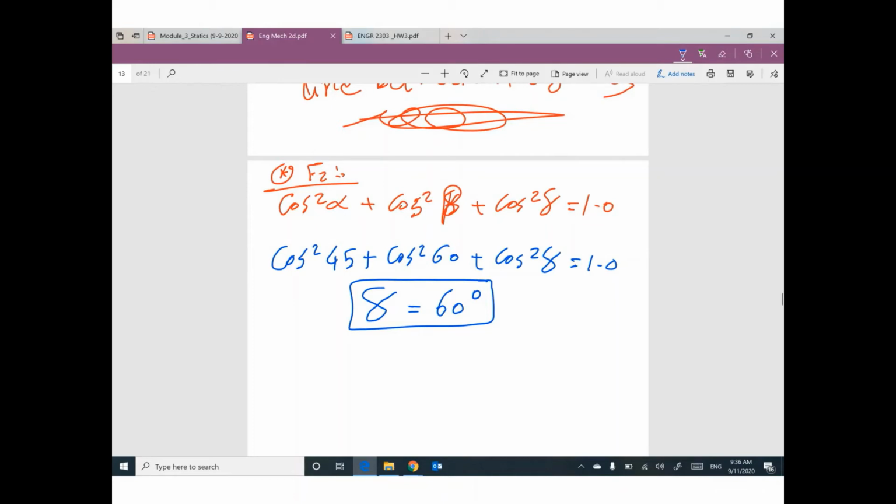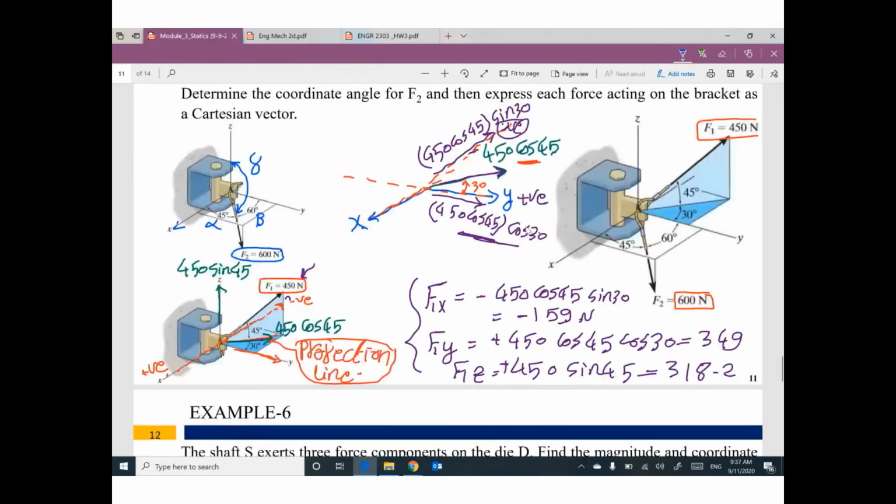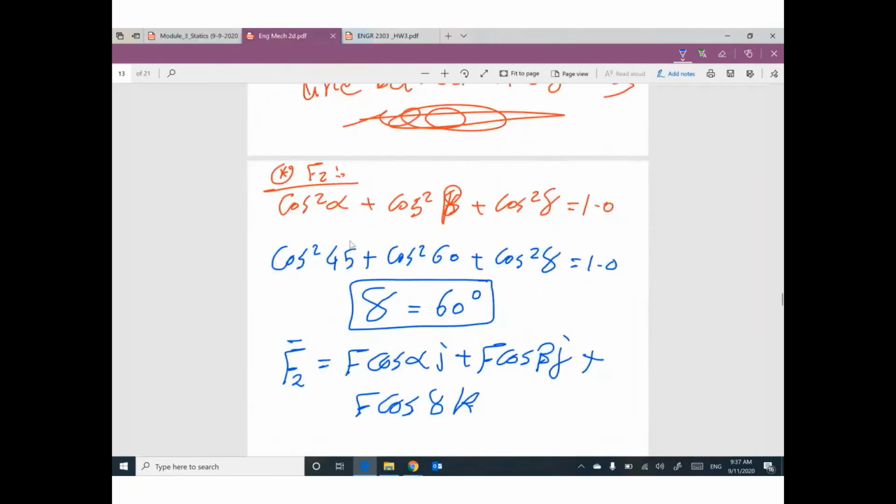So I can figure out this force F2 will be F cosine alpha I plus F cosine beta J plus F cosine gamma K. So I can figure out the three components with the value of 60.